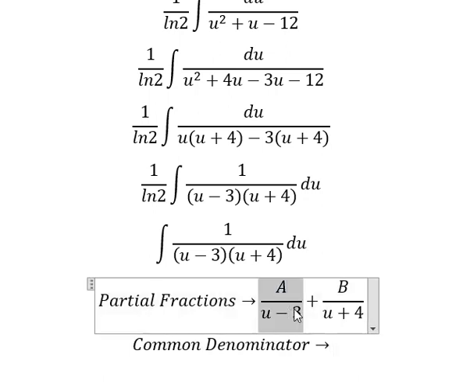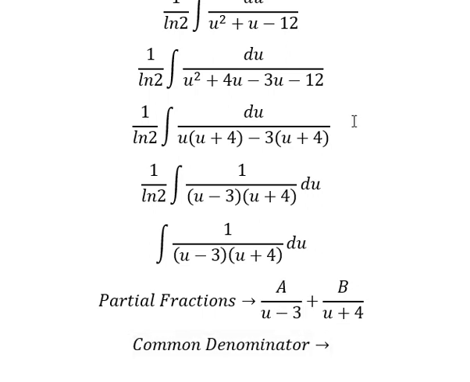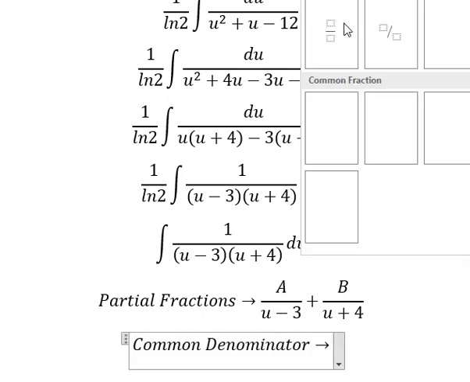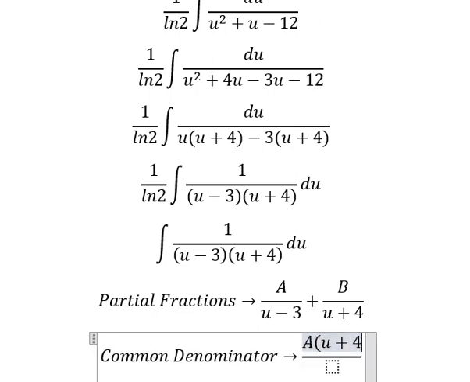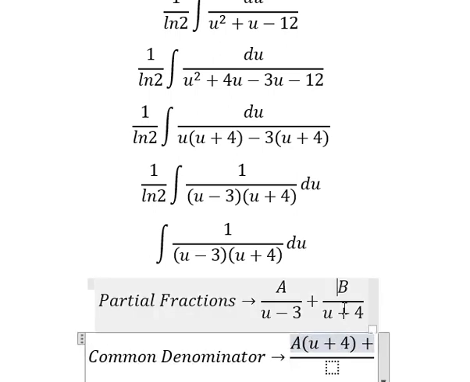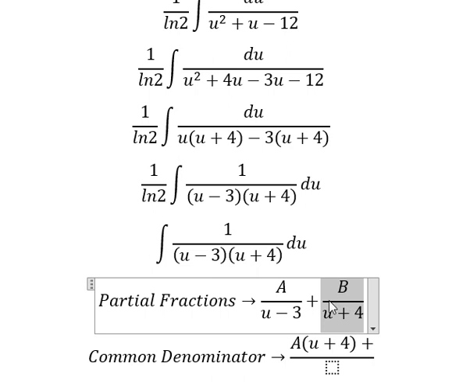So this one is missing u plus 4. So capital A multiplied by u plus 4. This one is missing u minus 3.